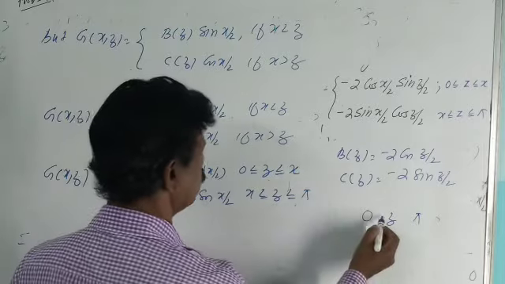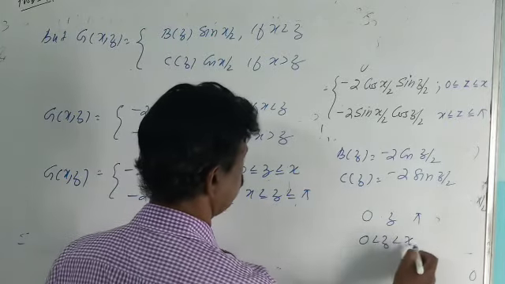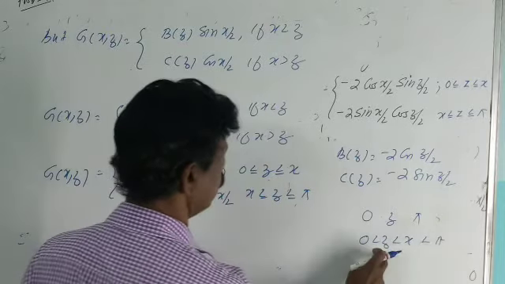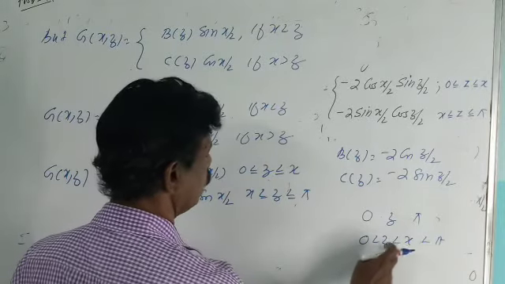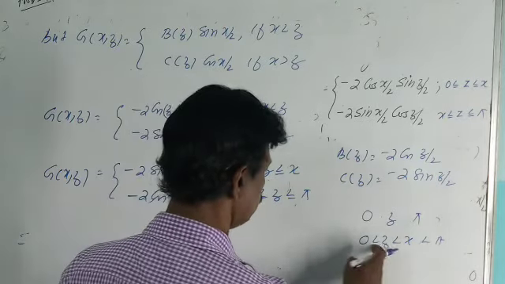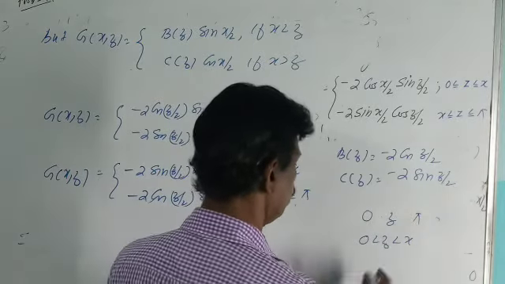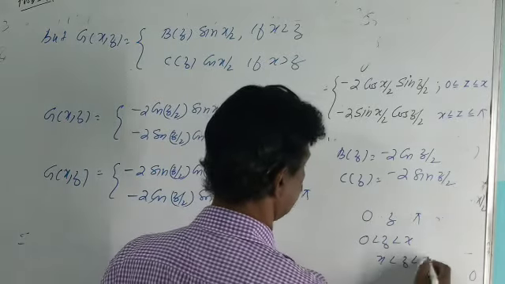So we can write 0 less than z less than x, and next step we have to consider another point, x less than z less than pi.